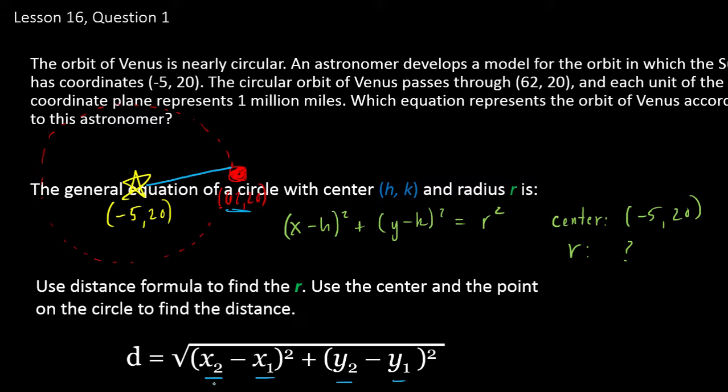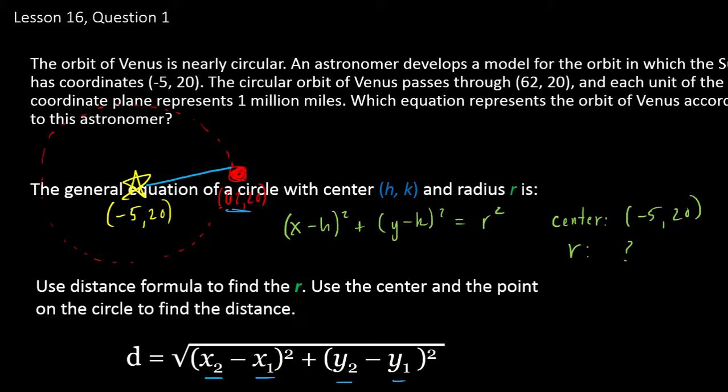It takes a difference between the x's. There's some Pythagorean theorem involved, which you may have seen in my other videos, and it tells us the distance between these two points. So this is what is going to give us r. Once we have r, we can substitute it back into our general circle equation, and that will tell us the equation for this orbit.